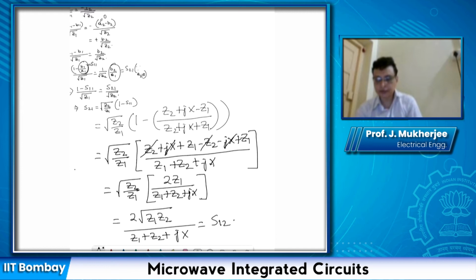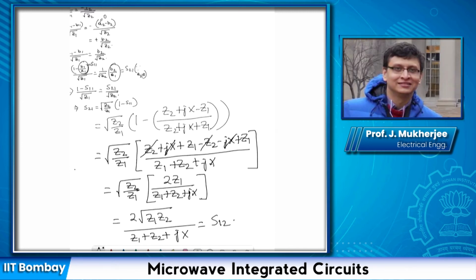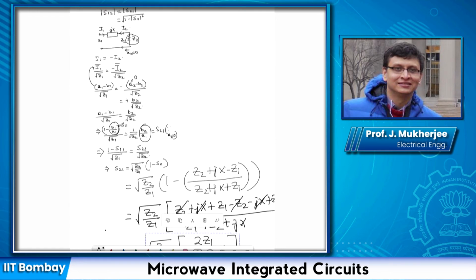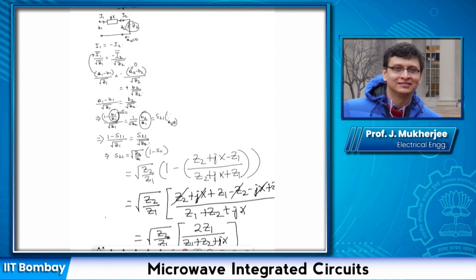Okay, so that's how we find out. Now in this case, see the relationship between the currents was simple, this one. That's why we got it so easily.